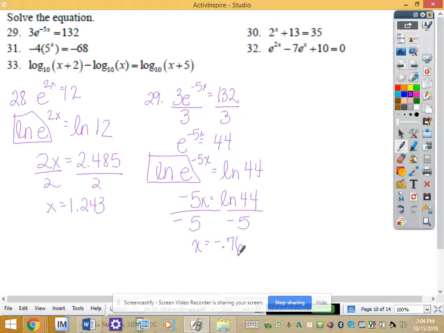For number 30, the first thing I have to do is isolate that 2 to the x. So I have to get rid of my 13. So once I do that, I get 2 raised to the x is 22. Then I have to get rid of the exponent with this base. So I need to do the log of that base.